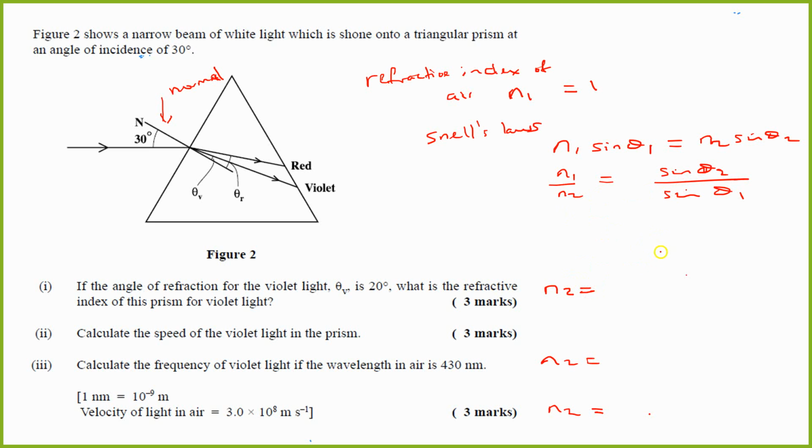Technically speaking, n2 is equal to n1 times sine theta 1.